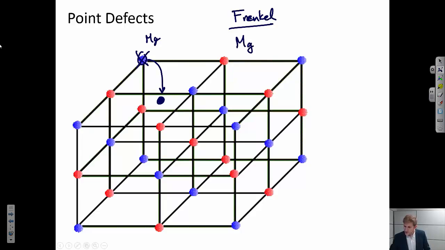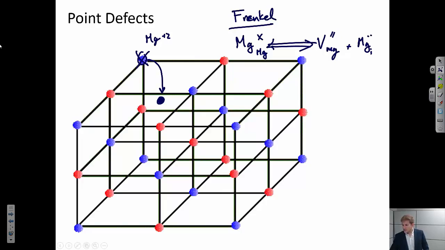So originally we had a magnesium on a magnesium site, and that was not charged. And again, I write it as if it were a chemical reaction. I now have a vacancy on the magnesium site. So magnesium is 2+. The magnesium vacancy would be 2-. And then we have a magnesium on an interstitial site.